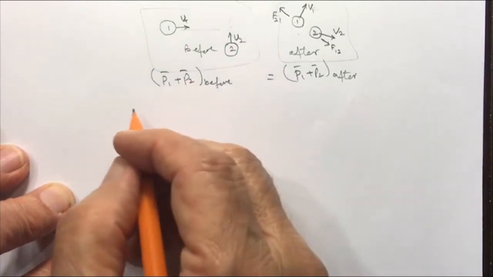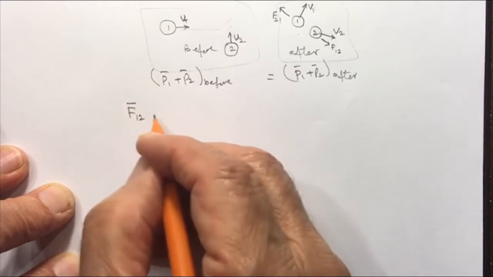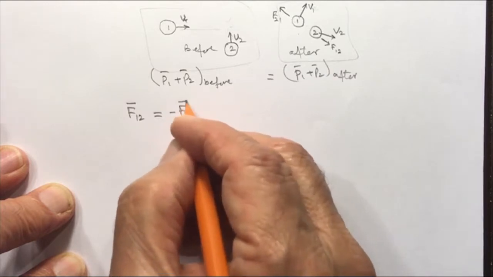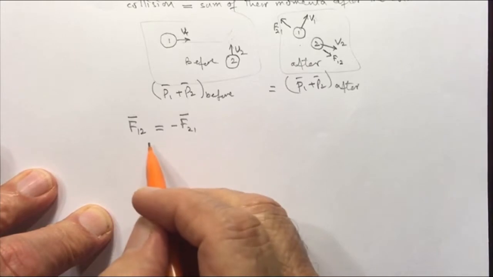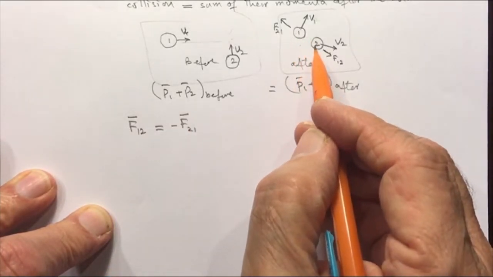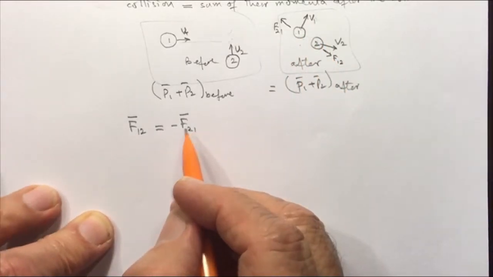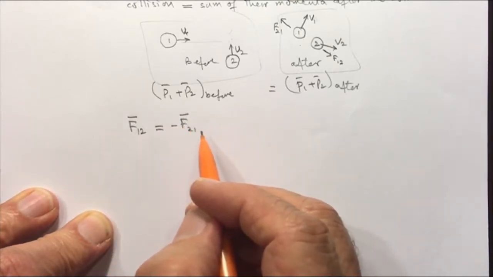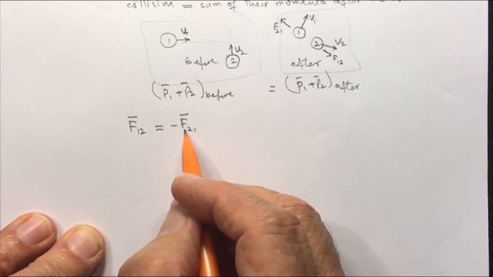So F12 would be equal to negative F21, and that's from Newton's third law. The force that 1 exerts on 2 is exactly equal and opposite to the force that 2 exerts on 1. The magnitudes are equal and the directions are 180 degrees apart.